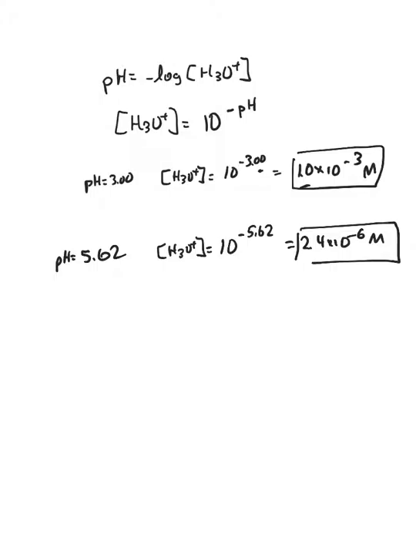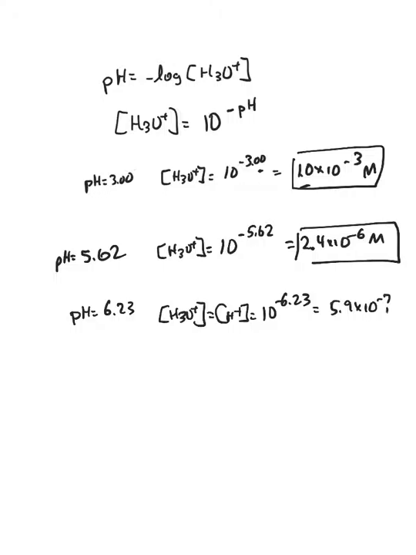So that's what my hydronium ion concentration is. How about a pH of 6.23? The hydronium ion concentration, or the H plus concentration, is equal to 10 to the minus 6.23. And that'll give me an answer of 5.9 times 10 to the minus 7 molar.